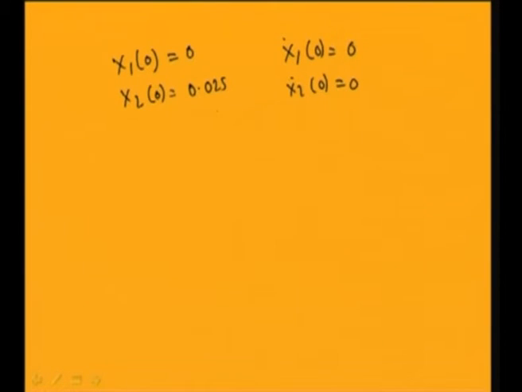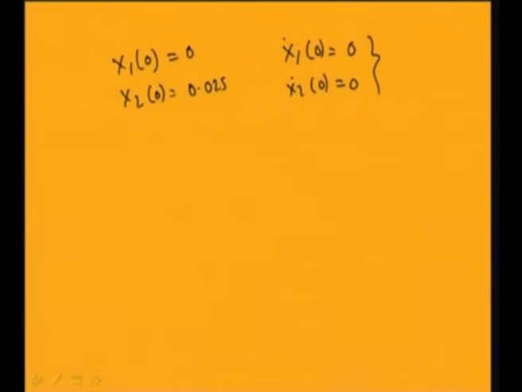Let us take some initial conditions. Let the initial conditions be, at t equal to 0, x1 equal to 0, x2 equal to 0.025, and x1 dot 0 equal to 0 and x2 dot 0 equal to 0. So we require 4 initial conditions, 2 in displacement and 2 in terms of velocity.